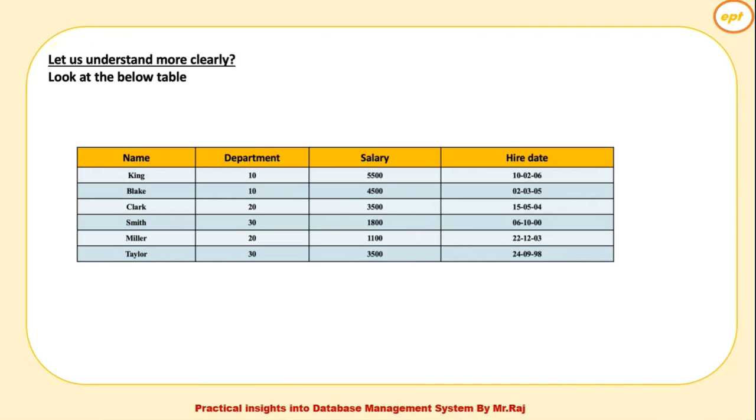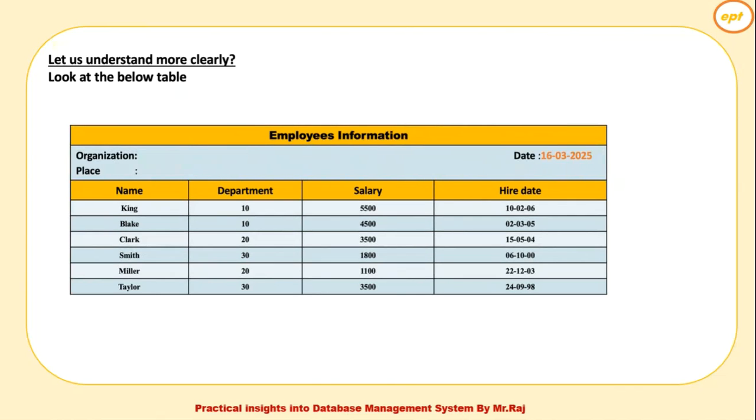But one more question: whose data is this about? What is the domain? I'm just extending the same question. If I say this is employee information related to some organization, now you have a clearer idea, right?